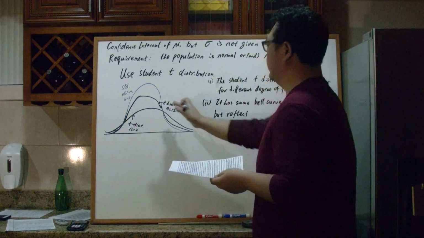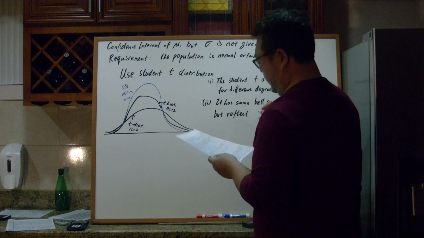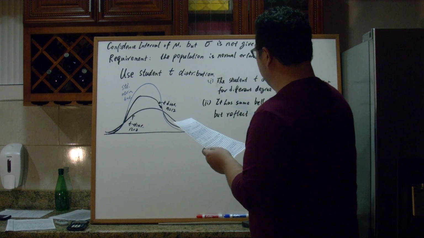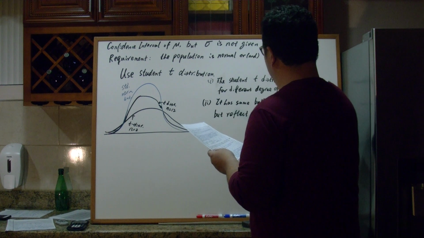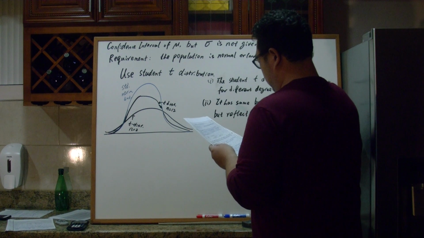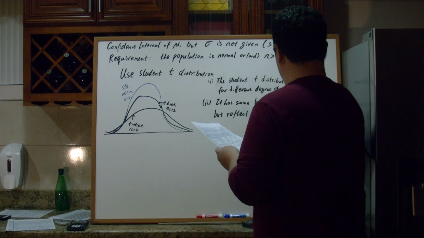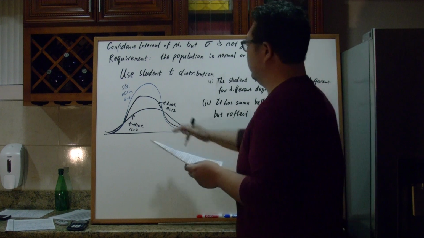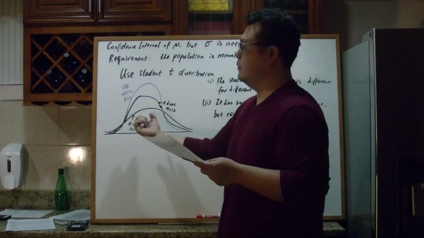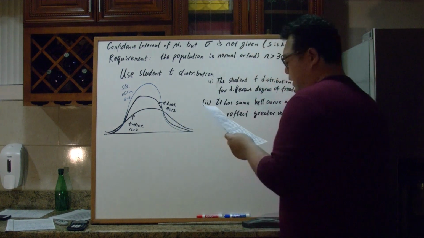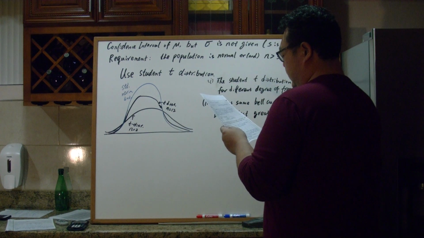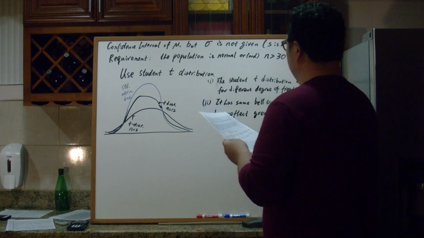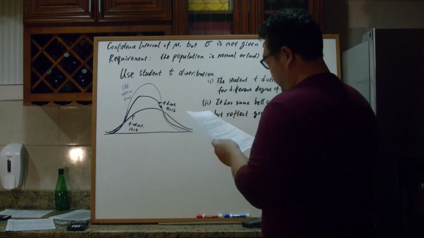Well, it is also the bell shape, but reflects greater variability. We can see the density is lower, which means it's spread more widely than the standard normal distribution.